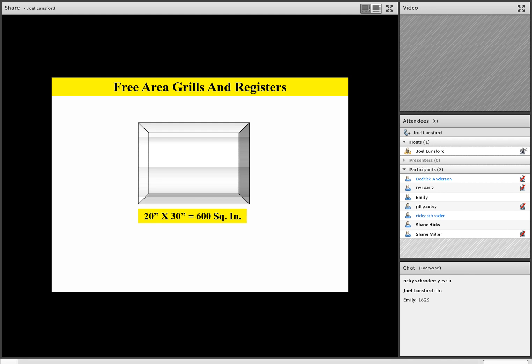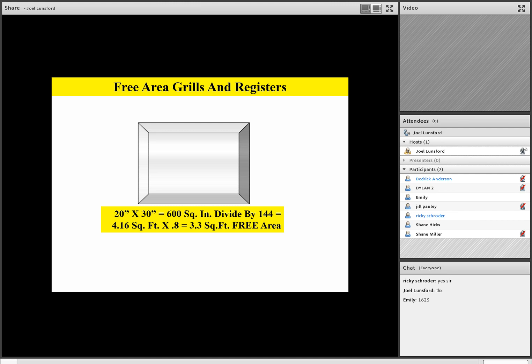We then take that 600 square inches and divide by 144, and in our example, we have a 4.16 square foot opening. However, we have to take into account that that grill is only going to be about 80% efficient. So once we divide by 144 and get our 4.16 square foot opening, we now apply the 0.8 to account for that 80%.